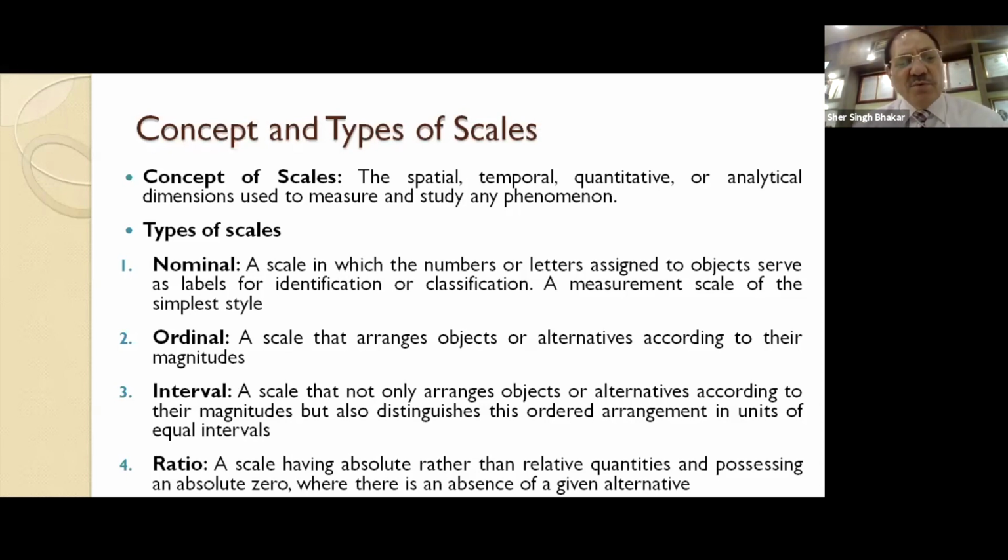Whenever you carry out a study, you must use appropriate tests. If your scale was nominal or ordinal, there's no point in using tests that apply to metric data. You must apply non-parametric tests because they apply to non-metric data. And when you are using a scale that results in metric data, interval and ratio, you can apply all the parametric tests.